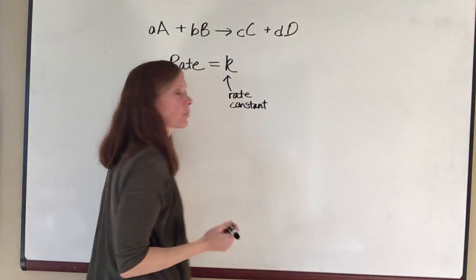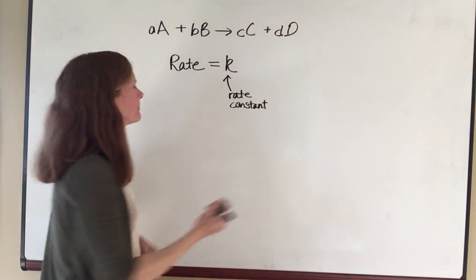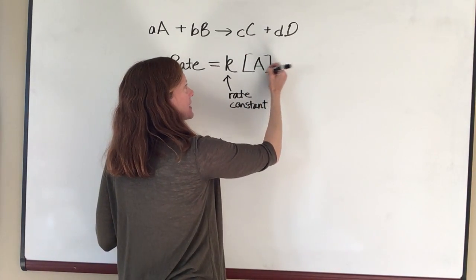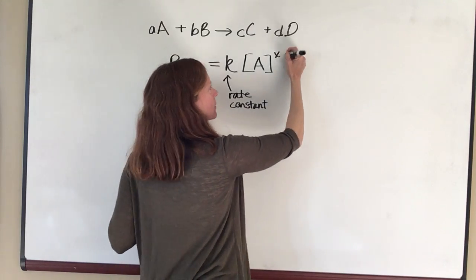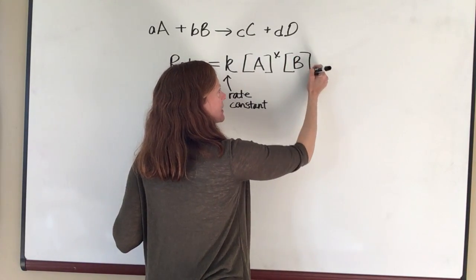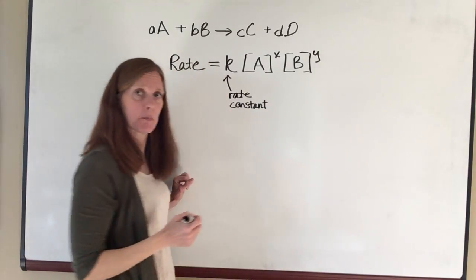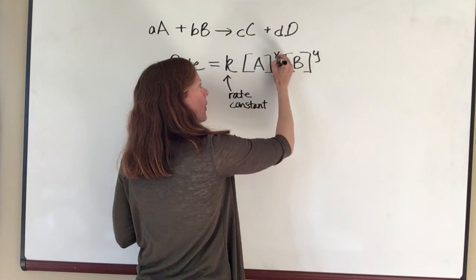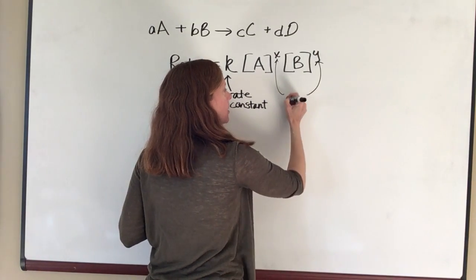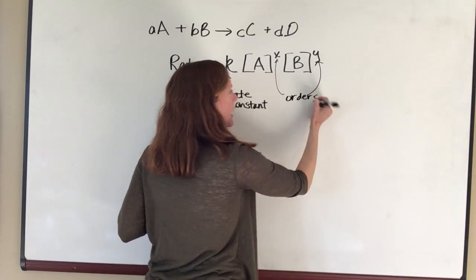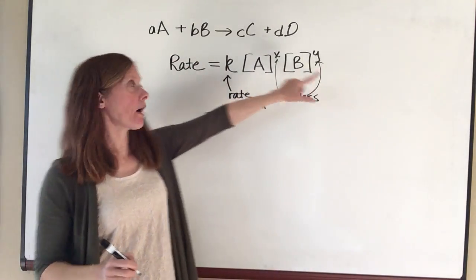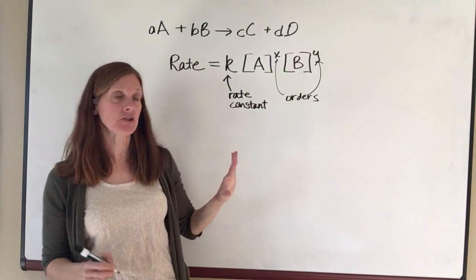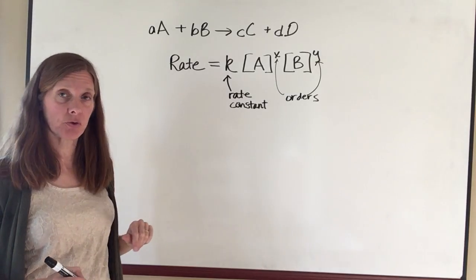So this is the rate constant for the reaction, and you multiply that times the concentration of reactant A raised to some power times the concentration of reactant B raised to some power. Okay, this X and this Y are called orders. And you'll notice that I used X and Y, not A and B, because the reaction orders have nothing to do with the stoichiometric coefficients.